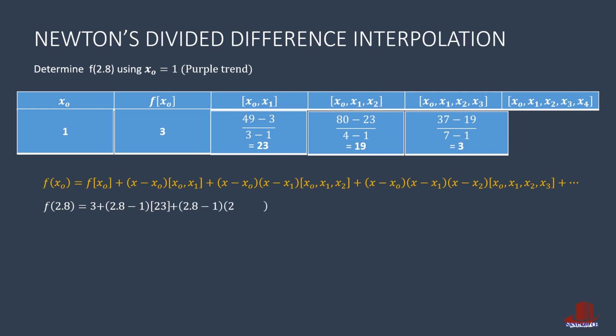The third term has 2.8 minus 1 times 2.8 minus 3 times 19. And the fourth term is 2.8 minus 1, 2.8 minus 3, and 2.8 minus 4 multiplied by 3. The equation is then simplified as 3 plus 41.4 minus 6.84 plus 1.296, which can be reduced into 38.856 as the function of 2.8, exactly the same as from the first trend.